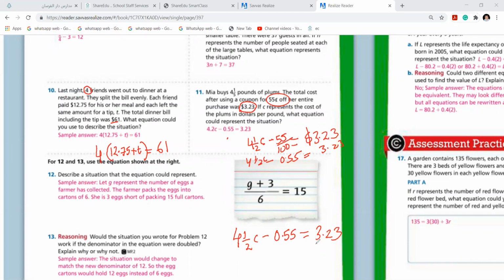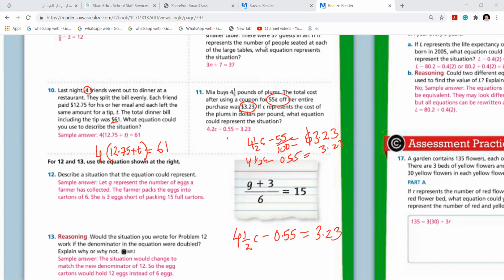So you have to add 3 because they have a shortage of 3 eggs. So I took 3 plus G, where G is the number of eggs. I added 3 to it because there are 3 eggs short. And then I divided by 6. That is equal to how many cartons? 15 cartons.